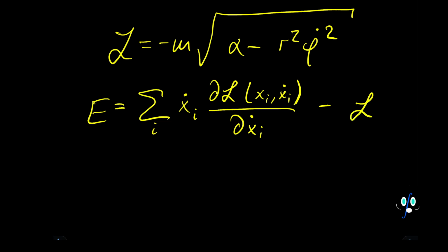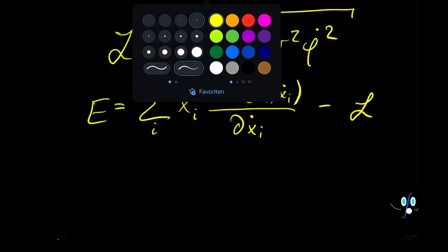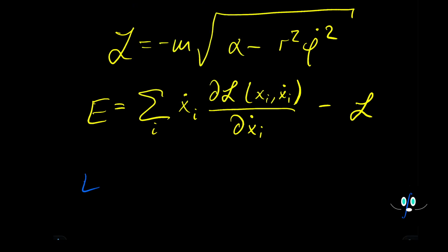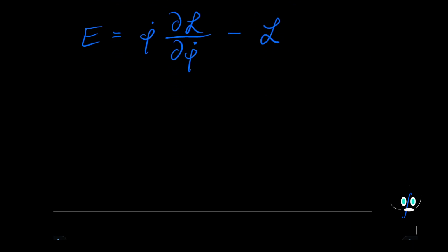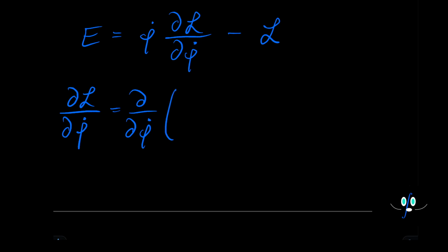In our case, the Lagrangian is only dependent on phi dot, which means that the energy is simply phi dot times the derivative of the Lagrangian with respect to phi dot, and then we subtract the Lagrangian. This is very easy to calculate. We just need to calculate the derivative of the Lagrangian with respect to phi dot first, and this is d with respect to d phi dot.